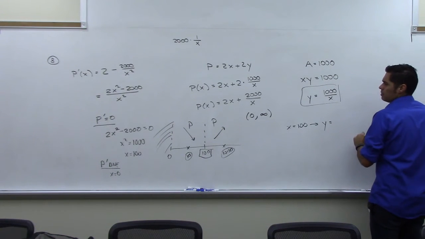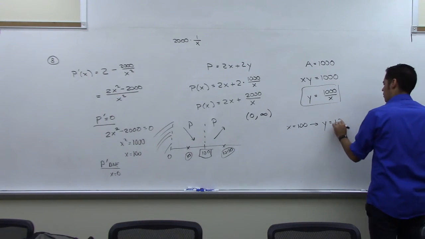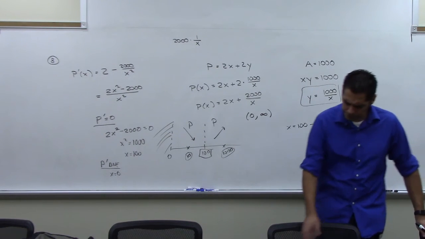Wait a minute, 10? X is 100. Yeah, 10. Y is 10. Then this will give me minimum perimeter. Yeah, that's what I wanted.